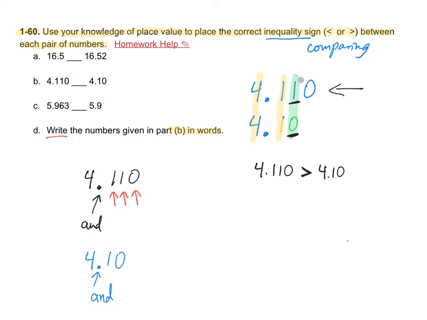And I have the number 10. So I'm going to say 10, but what place value is it ending in? We have the place of the tenths and the hundredths. So the correct way of saying it again is 4 and 10 hundredths. So don't forget the THS at the end when you say hundredths. So that's how you write it.